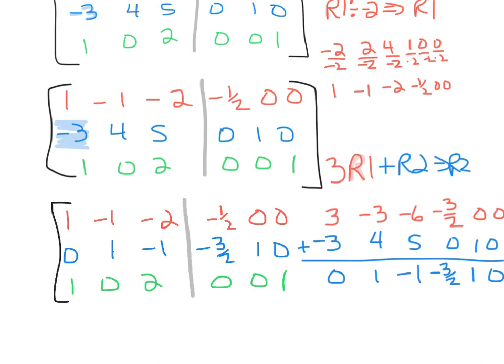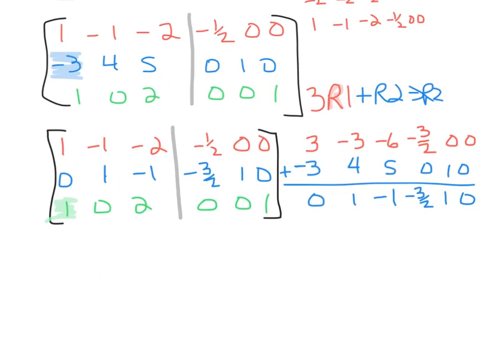All right. I still have one more element to fix in column 1. I now need to work on the green 1. I need to make that a 0. So again, I'm still using row 1 as my pivot. I'm going to multiply row 1 by -1 and add that to row 3. That will give me my new row 3.